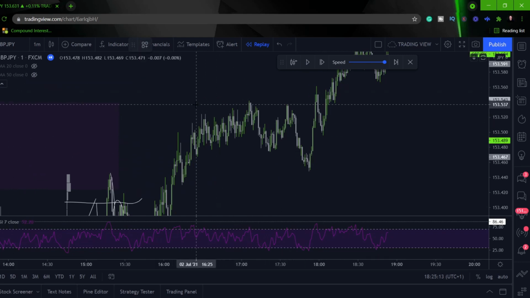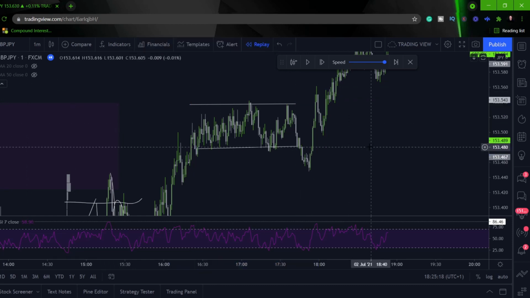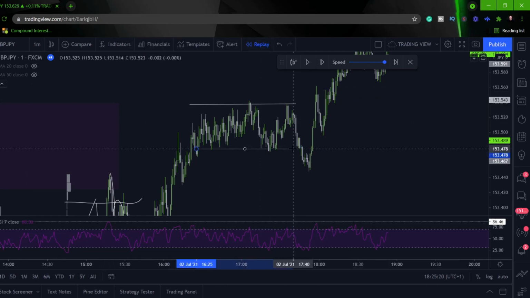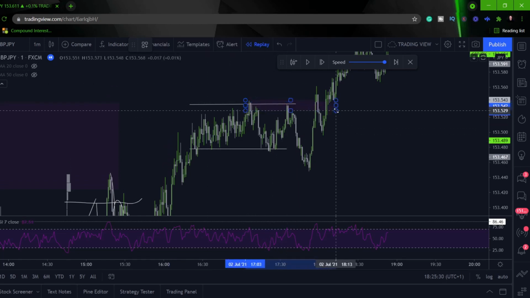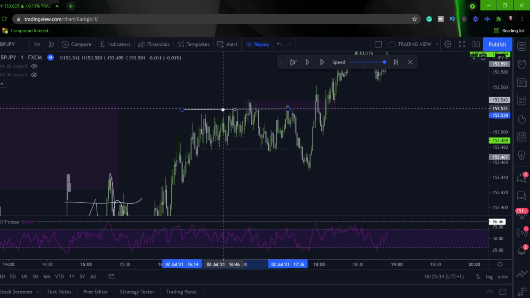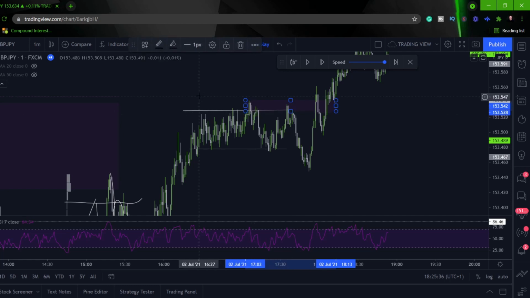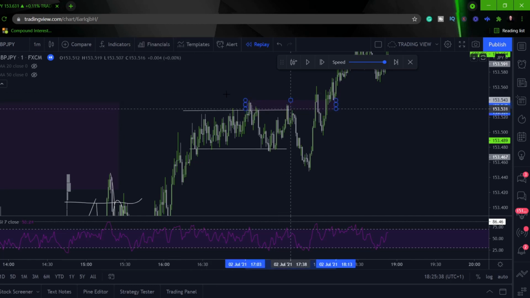This is what I want to get through to you. Look, liquidity generation, see some accumulation down here, bang, into an order block. So look, you can see that we had equal highs through here.